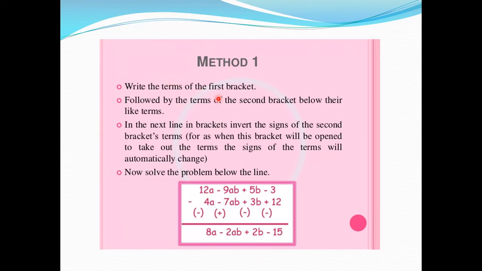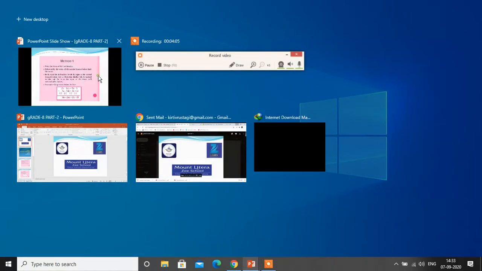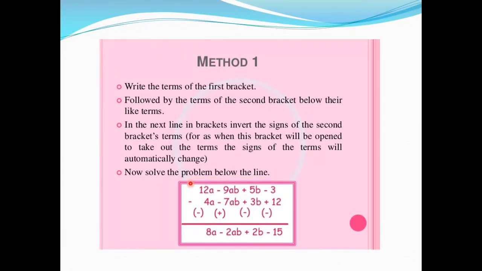Write the terms of the first bracket, followed by the terms of the second bracket below their like terms. Now in the next line, in brackets, invert the sign. Why? Because we have to subtract, and if we subtract, we have to change the sign. When this bracket is opened, the signs automatically change. Now solve the problem below the line.